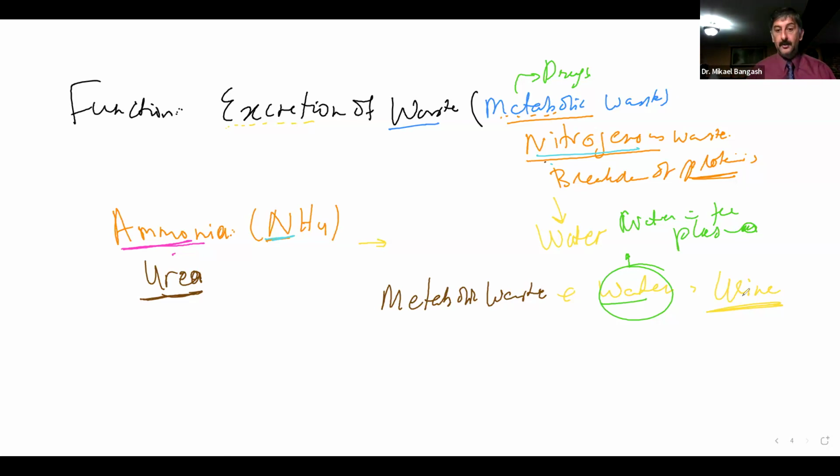Okay, so ideally, whatever water we excrete in the urine is going to be replaced by fresh water that is being absorbed from the gut. Okay, how did it end up in our gut? From what we drink.